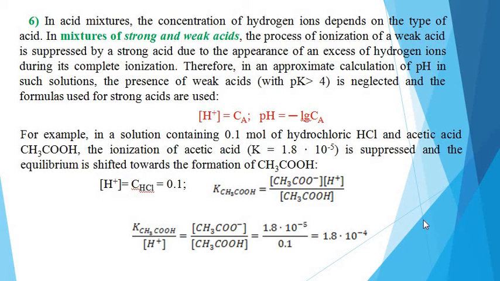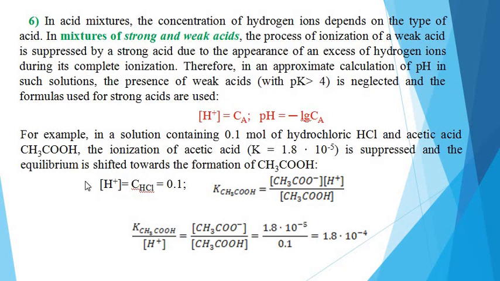For example, take a solution containing 0.1 mole of hydrochloric acid, in a mixture also with acetic acid. The ionization of acetic acid, with constant 1.8 multiplied by 10 to the minus 5 power, is suppressed, and the equilibrium shifts towards the formation of the weak acid.